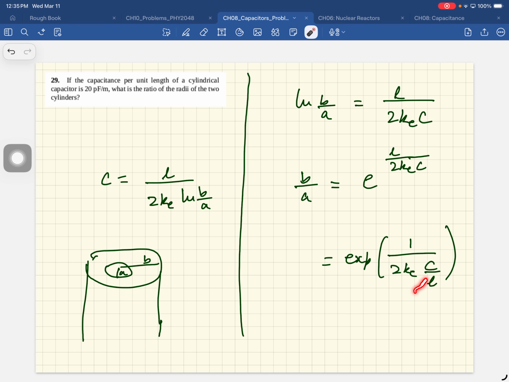They give us this value, the capacitance per unit length. Capacitance per unit length is given to be that. So let's plug in these values.